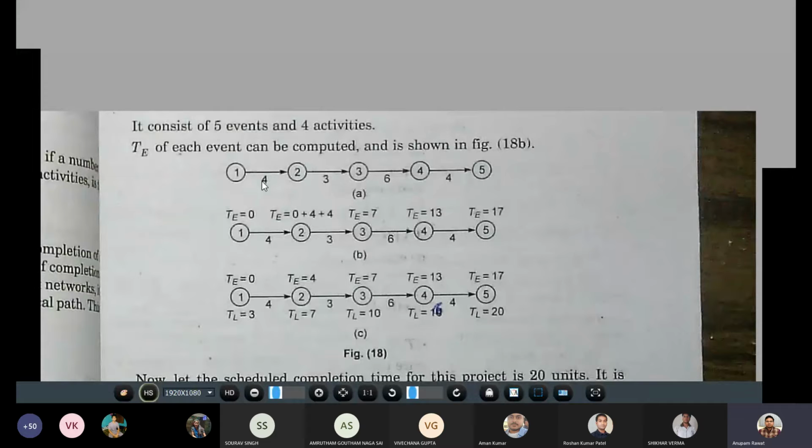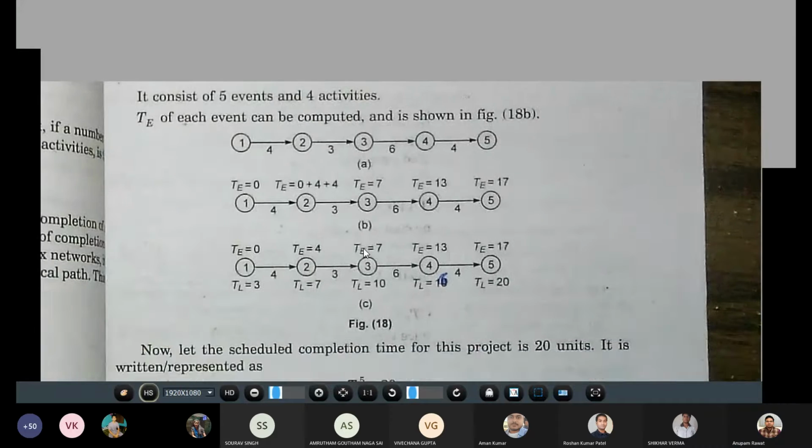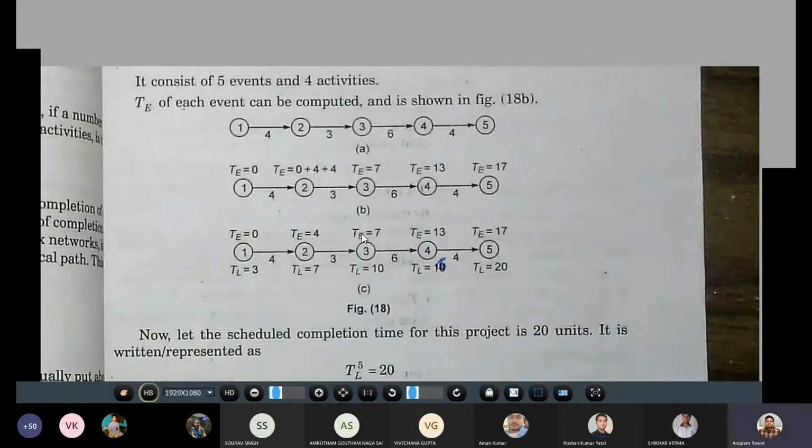Their times are given there, like 4, 3, 6, and 4. So TE can be computed like this.